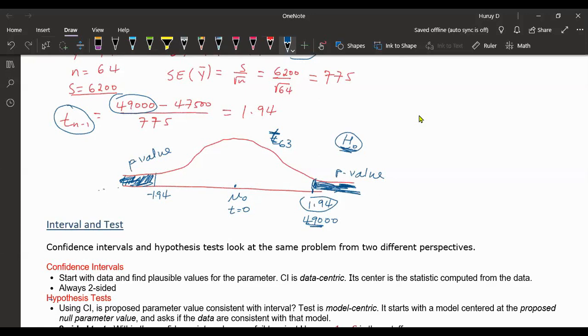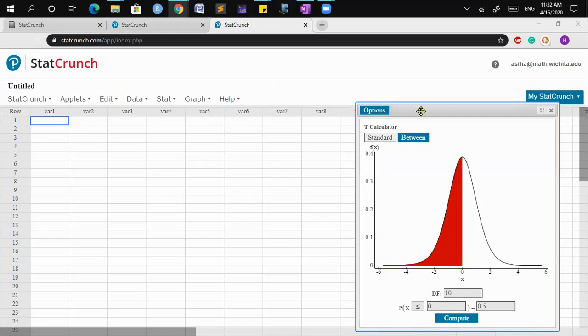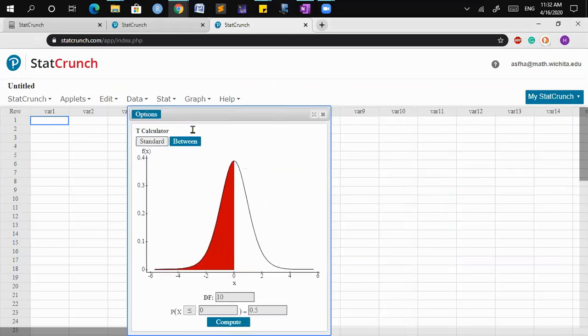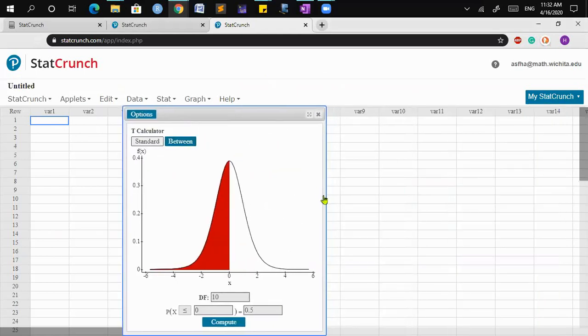Okay, so to find the p-value, I'm going to go to StatCrunch. So we go to Stat, Calculators, and then we go to T. For the test, are we going to be able to use StatCrunch to find the p-value?